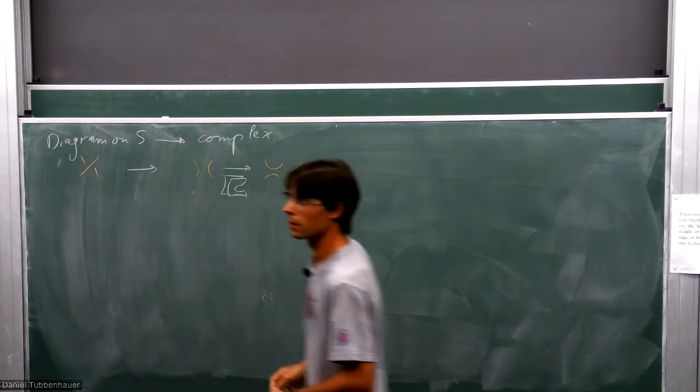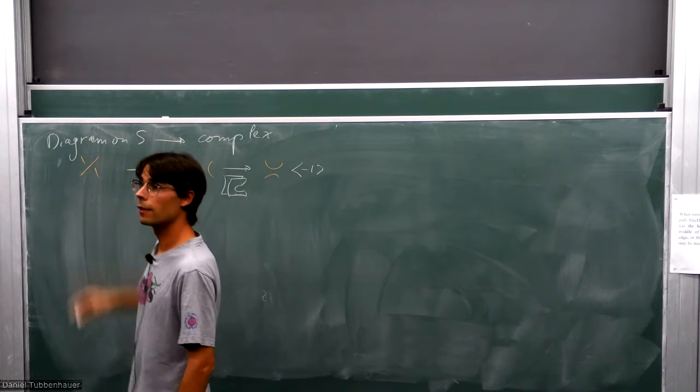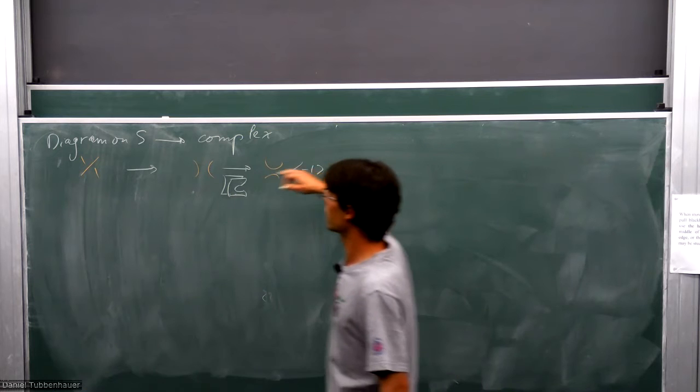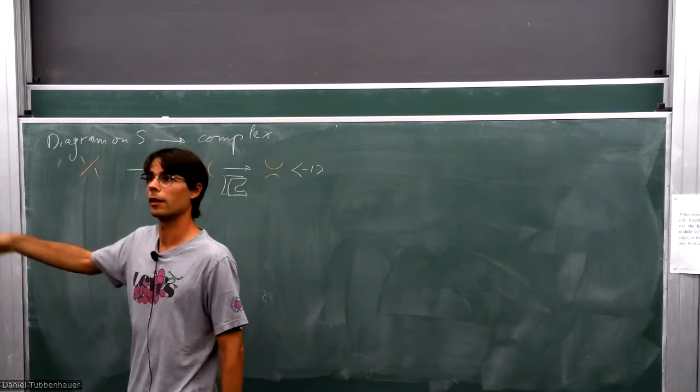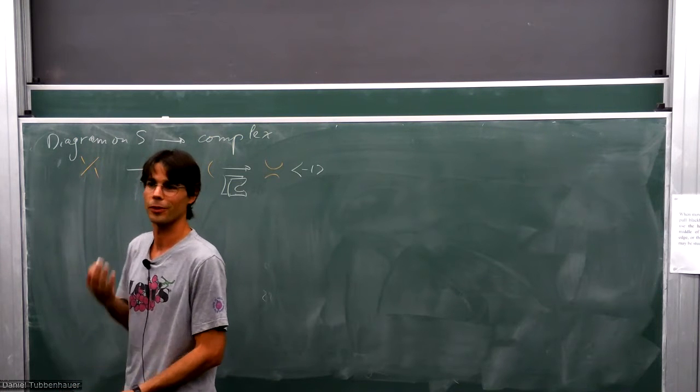So there's some elementary local operation that lifts up this Skein operation that we had before: instead of taking some linear expansion, we build a complex from the diagram.